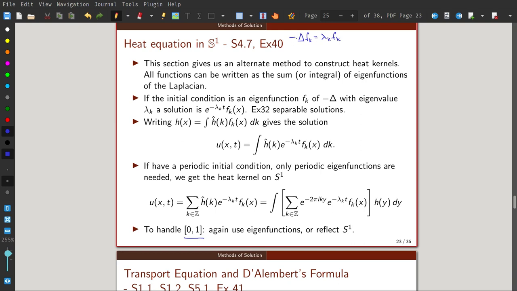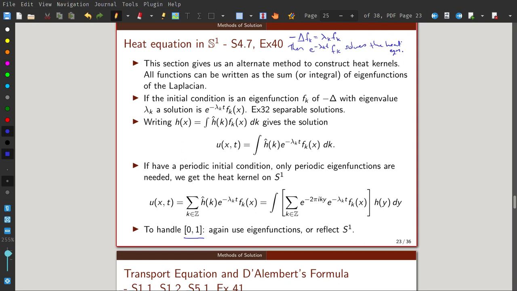So that means that when you apply the Laplace operator, the Laplacian, to f, you get a constant times f back. All right. If you have such functions, then e to the minus lambda k t f_k solves the heat equation. All right. These were what we called separable solutions.